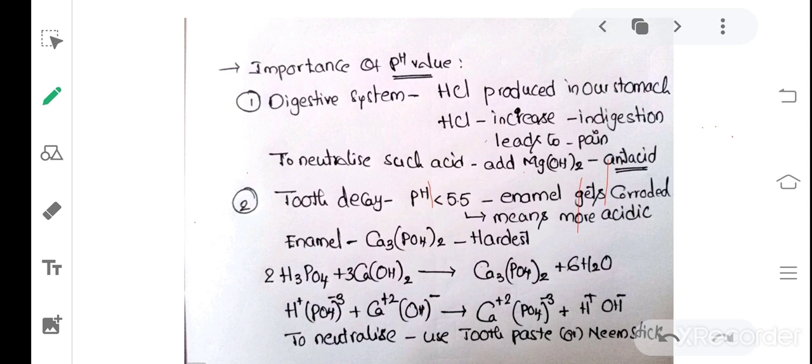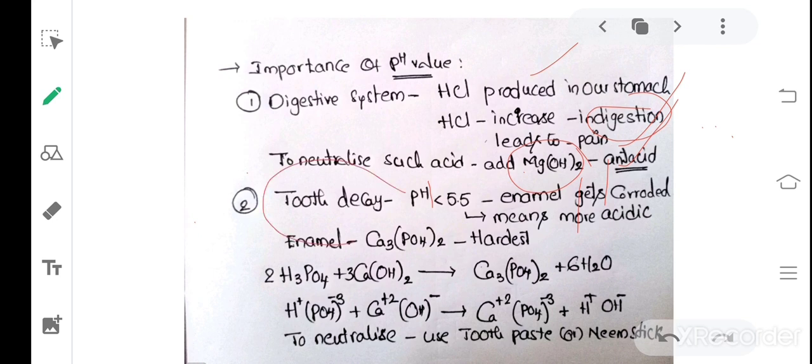So HCl is produced in our stomach; if the HCl quantity increases, it leads to indigestion and pain, and we neutralize the acid by adding Mg(OH)2, the milk of magnesia, that is the antacid. That is the effect on the digestive system when the acid quantity is increasing and the pH goes beyond its normal value.